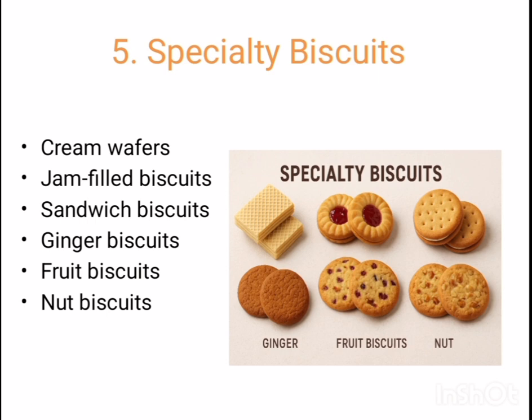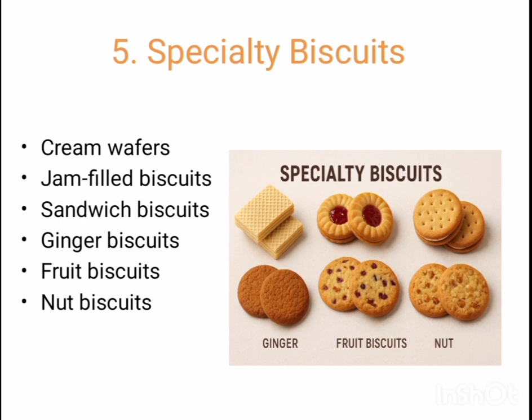Next is a ginger biscuit. So the biscuit contains some amount of ginger flavor inside it, and it is flavored with ginger. Next is fruit biscuits. Some dry fruits like raisins or tutti frutti are dusted on these biscuits, or it is baked with tutti frutti or some amount of raisins in it.